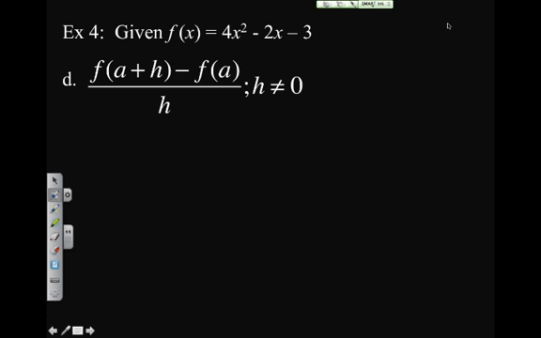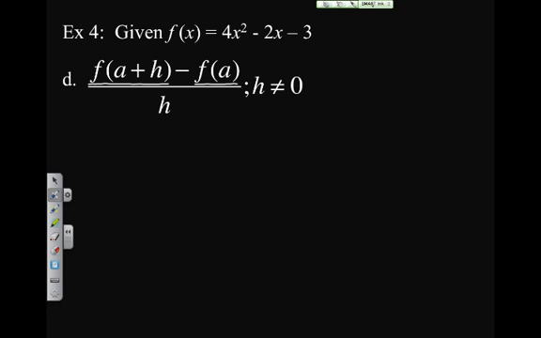The last part of this example is what we call a difference quotient. And so it's the same function, but notice it's a combination of a couple functions together. Now, as you think about it, the two things we need to know before we start are f of a plus h and f of a. Okay? We actually just did both of those, didn't we?